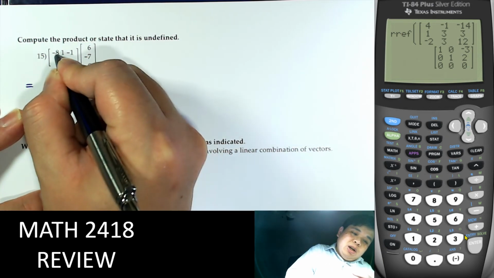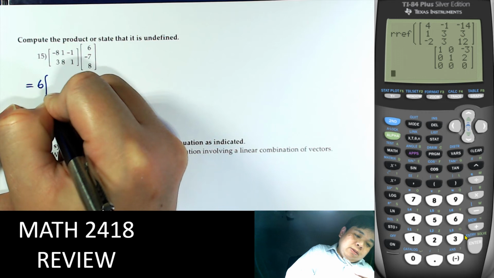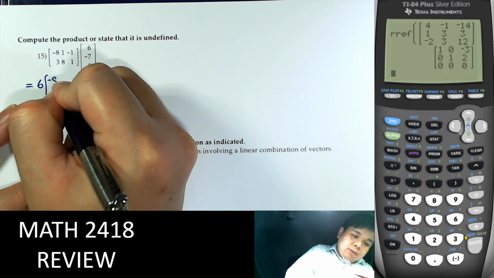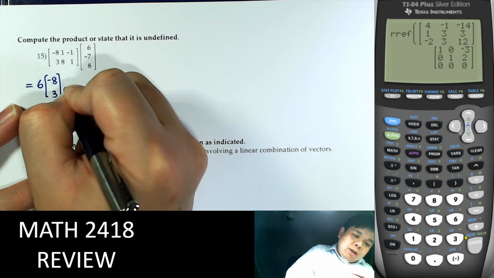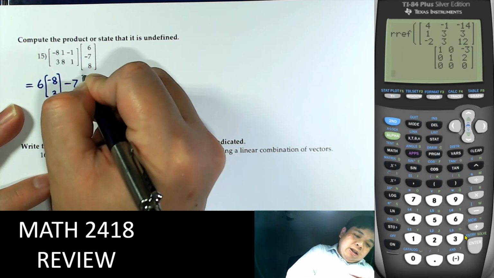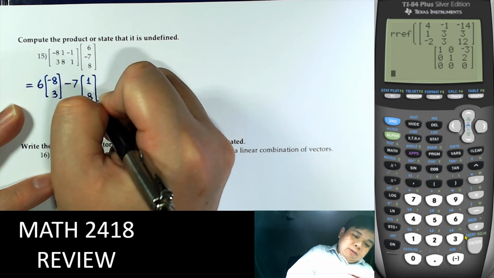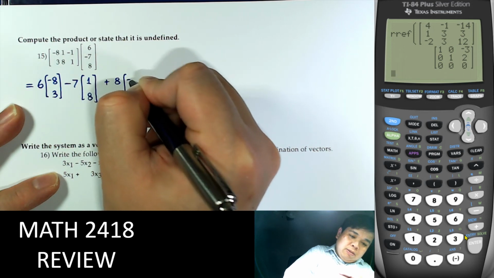So the 6 will go with the first vector, and then -7 the second column, and then 8 the third column.